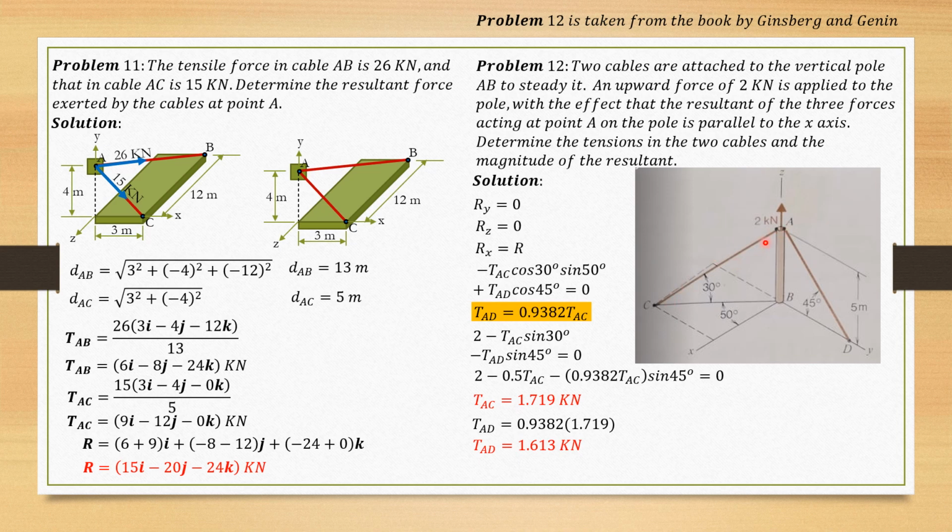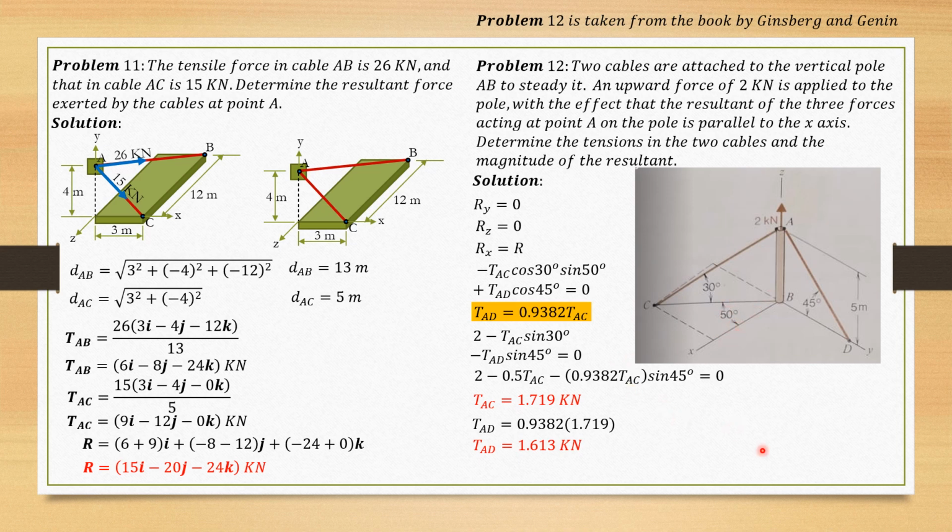while the x component, or the resultant, so only tension AC has x component, and that is positive because it is directed in that direction. So it is equal to tension AC cosine of 30, which is this projection. Then we multiply further, because this is the x component of tension AC, we multiply further by cosine of 50.